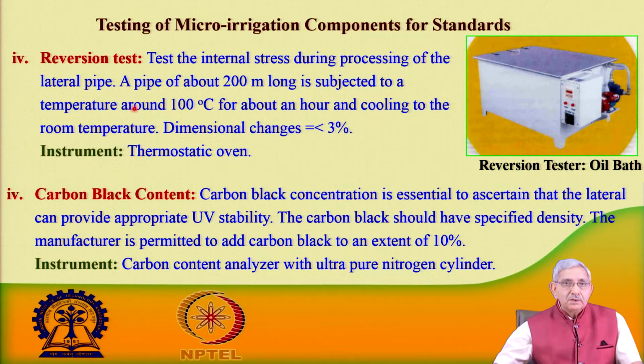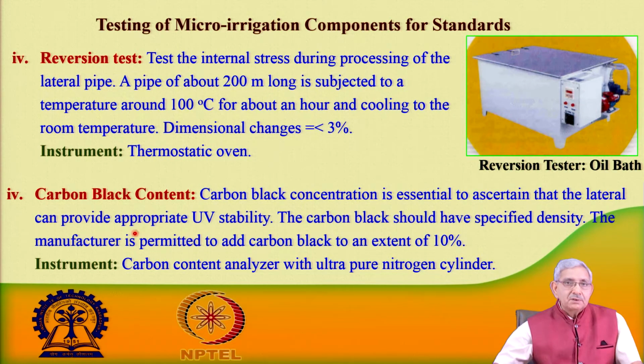So, this is the reversion test, and this particular device is a reversion tester oil bath. This device is used for measuring the reversion test, and then a thermostatic oven is the instrument which is used for this test.